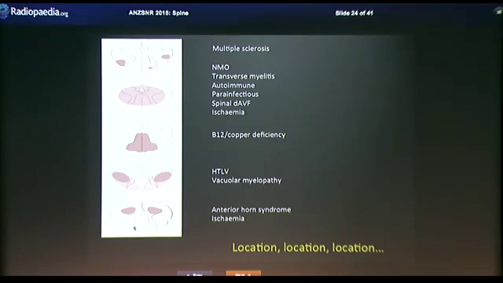And then there's anterior horn involvement, which might point you towards either an ischemic event or one of these poliomyelitis-like syndromes. Although, unfortunately, most of them in this group are going to have this appearance with the large, broad differential diagnosis.